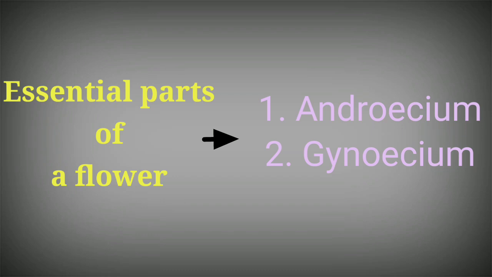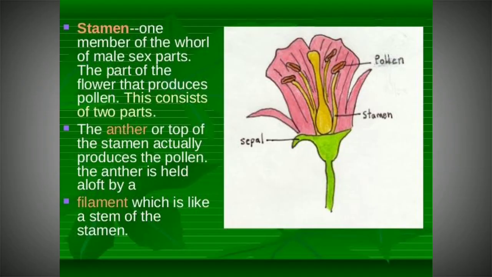At first, let's discuss the androecium. Androecium is the male reproductive part of a flower, and this is the third whorl of a flower.